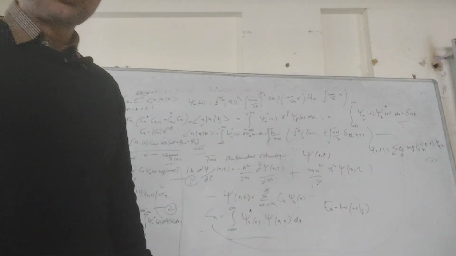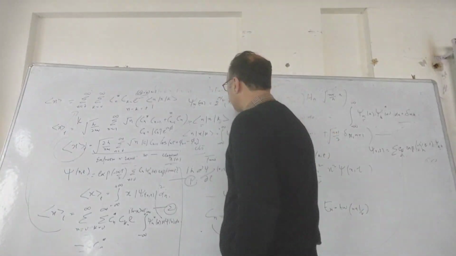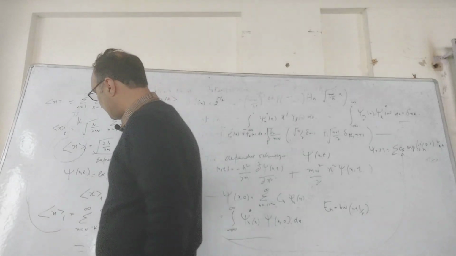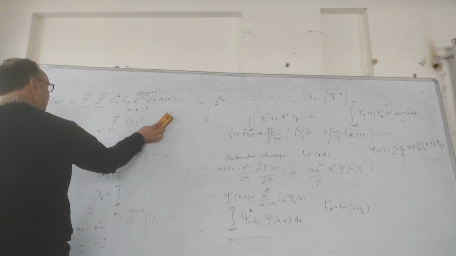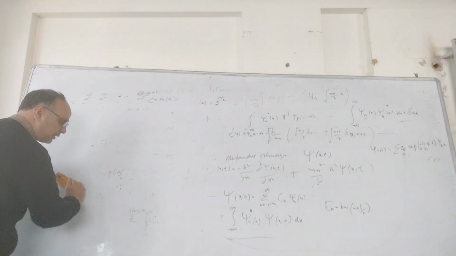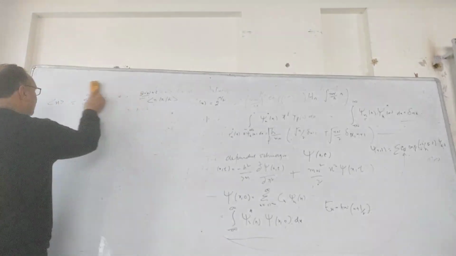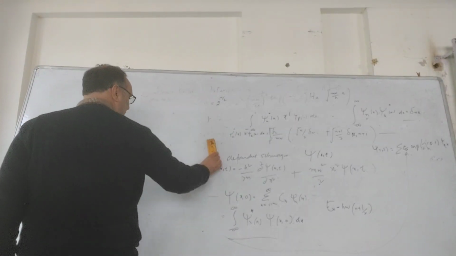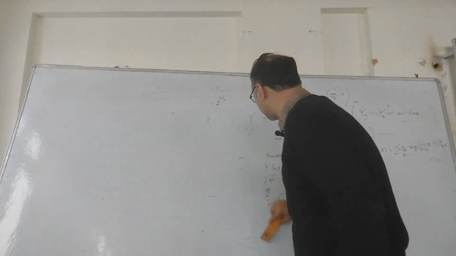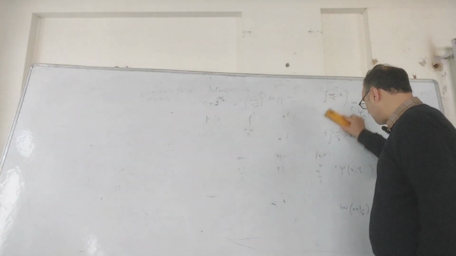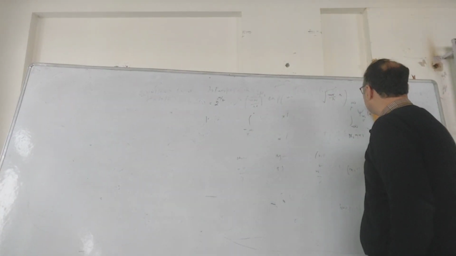So we are going to continue our previous thing, how we could have inversion as well as the transformation, rather unitary transformation between two spaces.